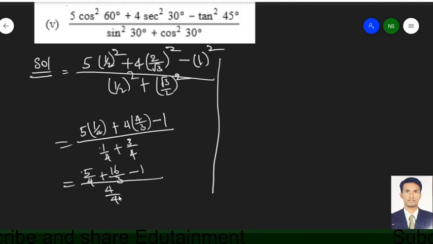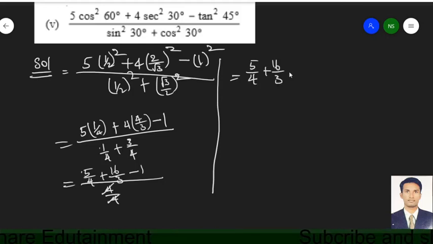So we can cancel these two values and we can write the numerator as it is, 5 by 4 plus 16 by 3 minus 1, which is equal to, let us take LCM and simplify.